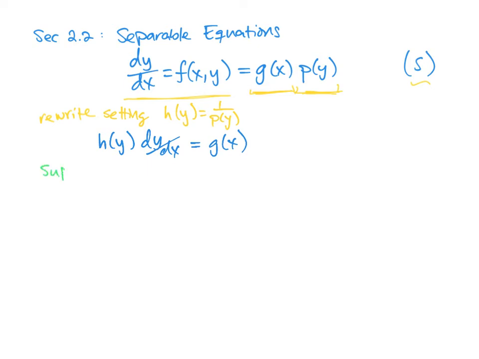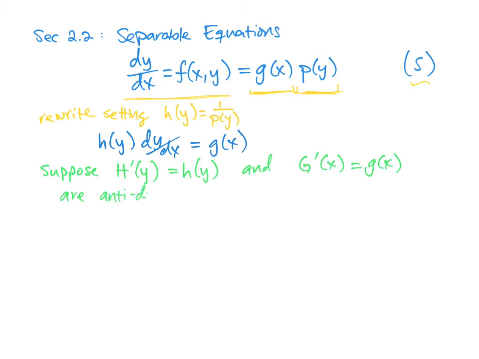So let's suppose we can take antiderivatives of our functions h and g. So let's say capital H prime of y equals little h of y, and big G prime of x equals little g of x, so suppose these big H and G functions are antiderivatives.